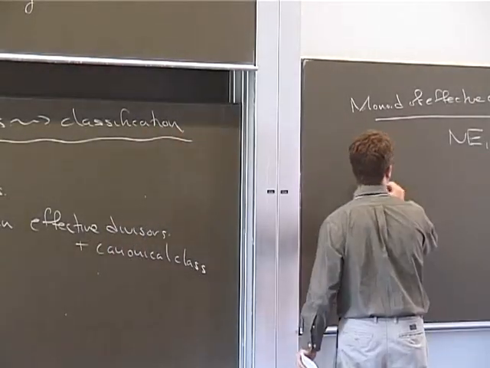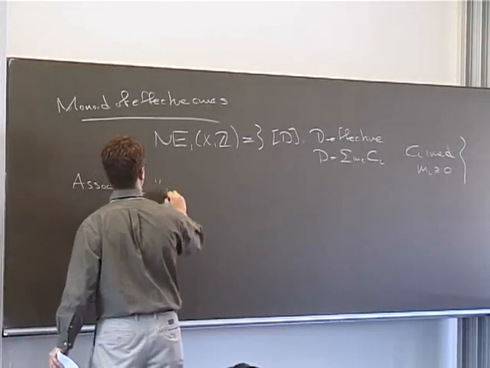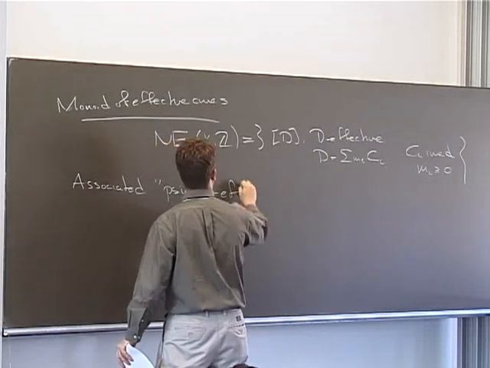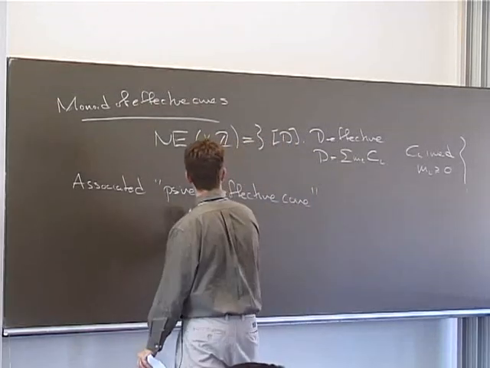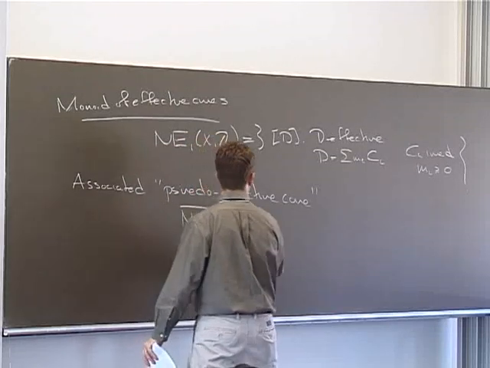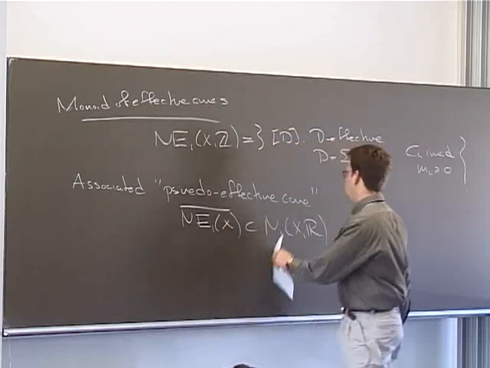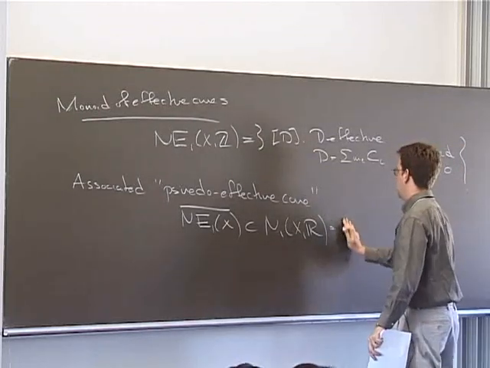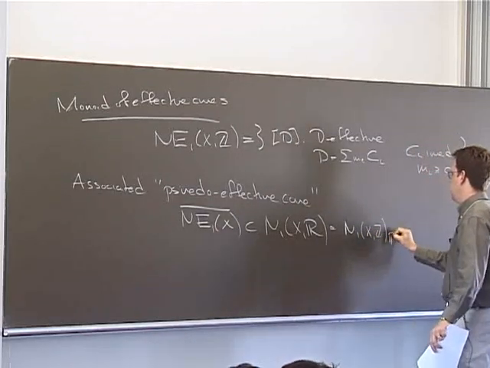We also have the associated cone, called the pseudo-effective cone. This is a cone in the real group here, obtained by extension of scalars.